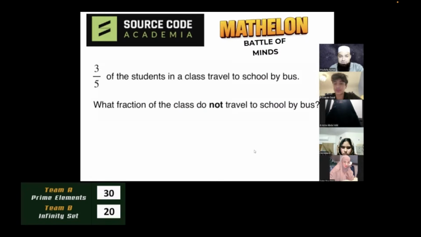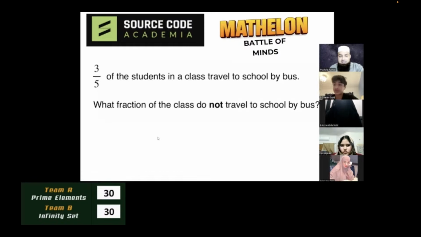3 by 5 of the students in the class travel to school by bus. What fraction of the students do not travel to school by bus? Team B, Shayan Sajid. 2/5. 2/5 is the correct answer. Well done.